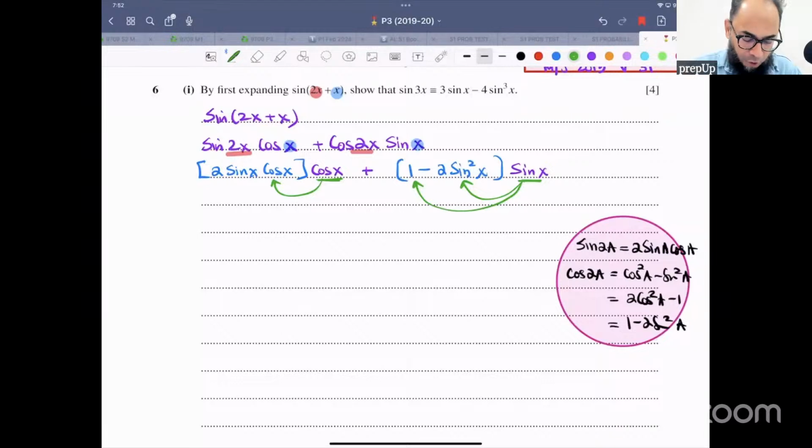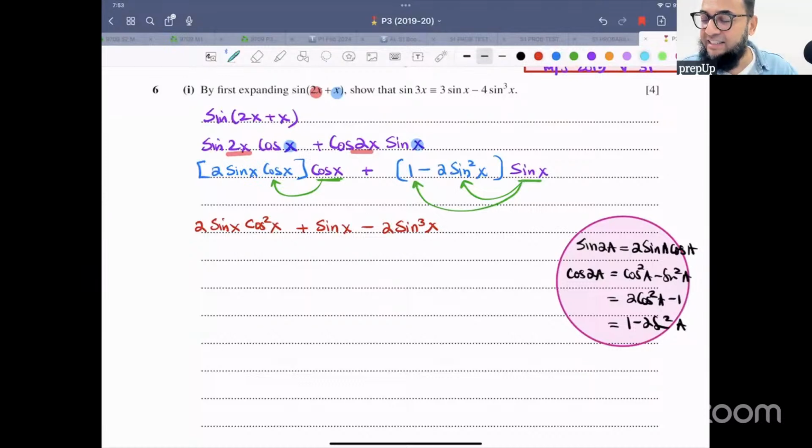I hope it helps. So now when I open this up, we multiply it out and this becomes 2 sine square x cosine x plus 2 sine x cosine square x. And over here, this is sine x and this is negative 2 sine cube x. Now, what is left? The last piece of the puzzle, that is cosine x.